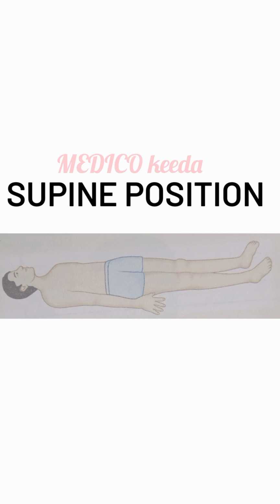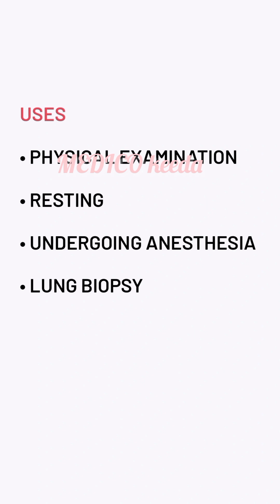And what are the uses of this position? There are so many uses of this position. It helps in physical examination of a person, helps in resting, and helps in undergoing anesthesia and lung biopsy. It is a very helpful position in all these things.